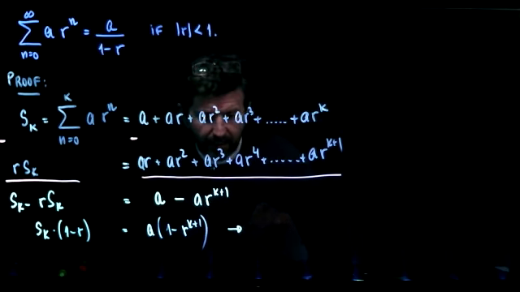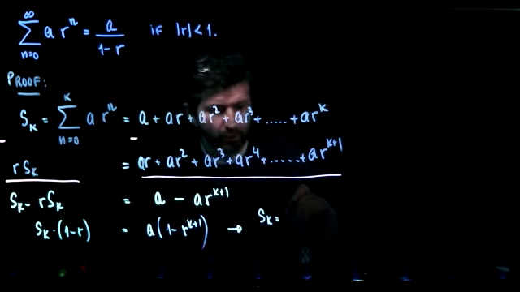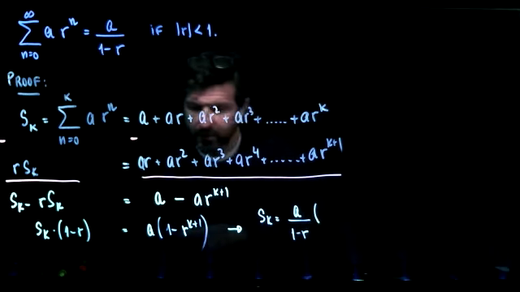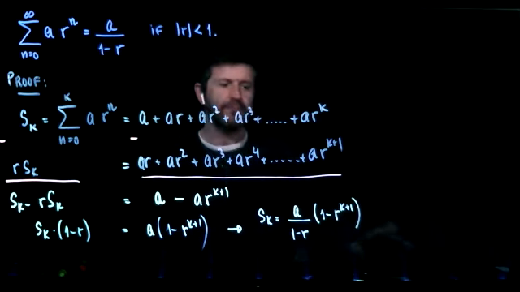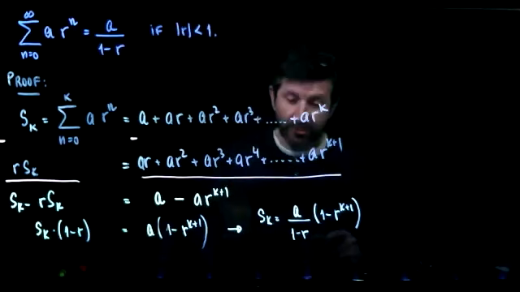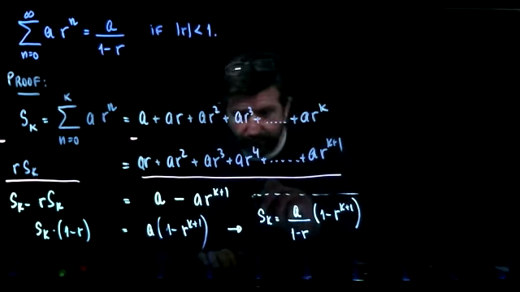And that tells me that s_k, the kth partial sum, is equal to a over 1 minus r times 1 minus r to the k plus 1. Okay, so that's very good because now I have an expression for s_k and it's very valuable for me.